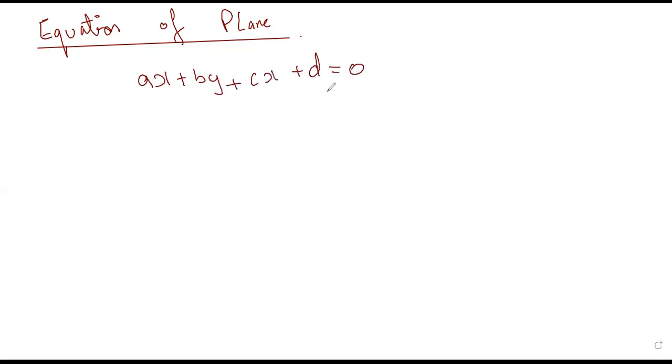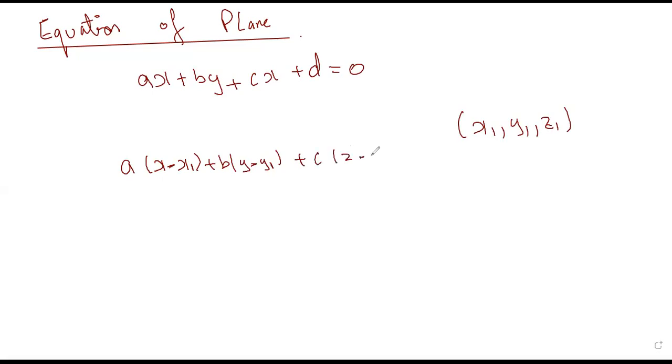Okay, it could be this one, or it could be that you have a point that is lying on the plane that has the coordinates x1, y1 and z1. Okay, and a, b, c is a vector perpendicular to the plane, so we can write this equation as well: a(x minus x1) plus b(y minus y1) plus c(z minus z1) equals 0.